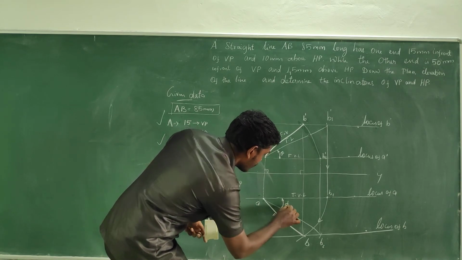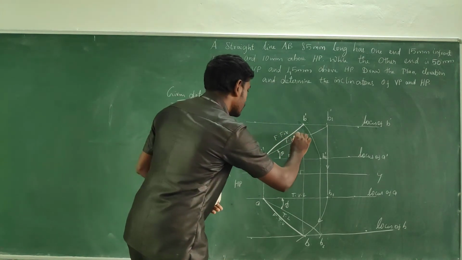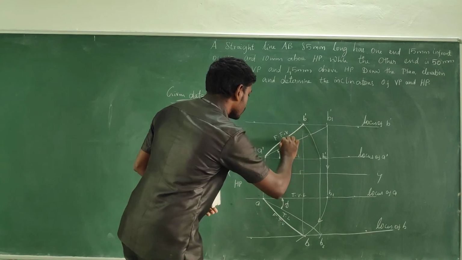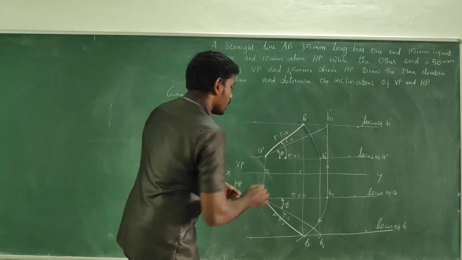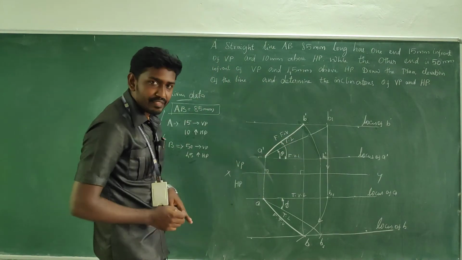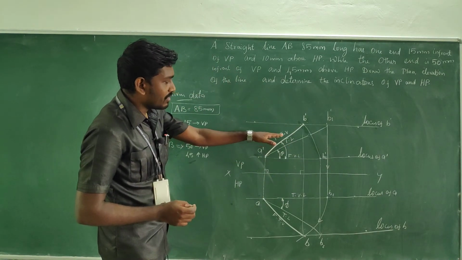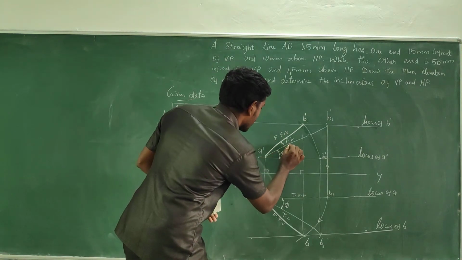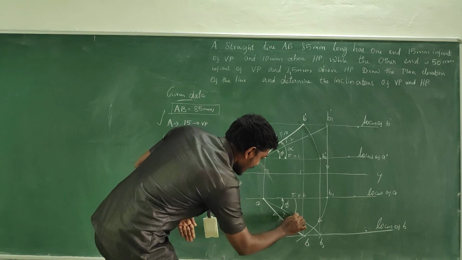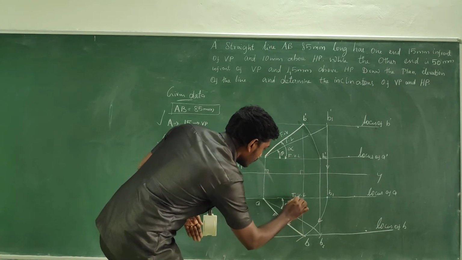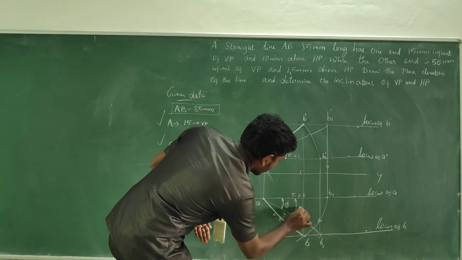We can make it as phi, and this is the apparent angle in the front view, or else the final front view inclination, which can be denoted as alpha, and here it is the apparent angle in the top view, which can be denoted as beta.